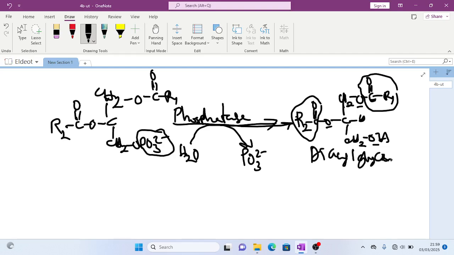And like we said, the diacylglycerol is the raw material required to manufacture triacylglyceride and neutral phospholipid. So let's look at how diacylglycerol is used to manufacture triacylglyceride.